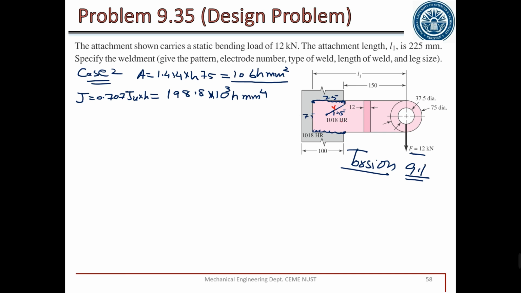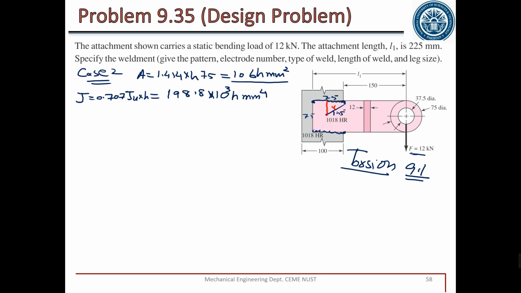Then to calculate the magnitude, we use the value of, let's say, square root of (tau double prime cos theta) square plus (tau double prime sin theta plus tau prime) whole square, which will give us the value of tau double prime. But we can just solve for the x and y.